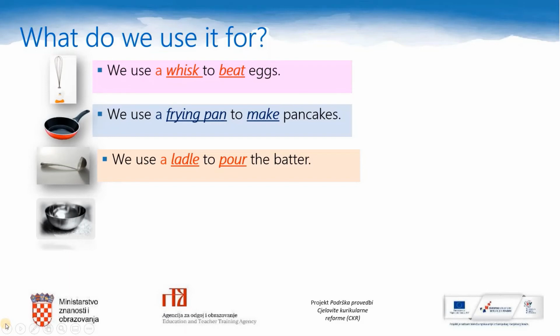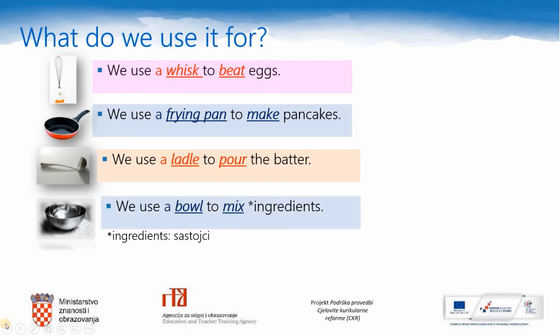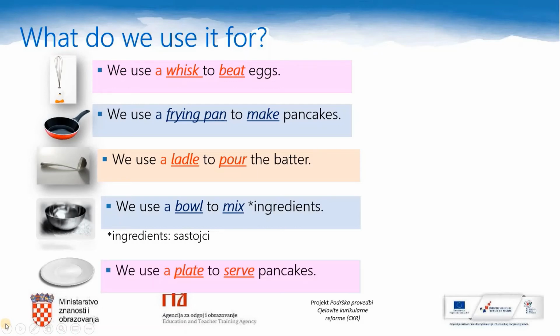A bowl. What do we use a bowl for? We use a bowl to mix ingredients. And the last picture, do you know what this is? A plate, very good. What do we use a plate for? Do you remember from the text? We use a plate to serve pancakes.